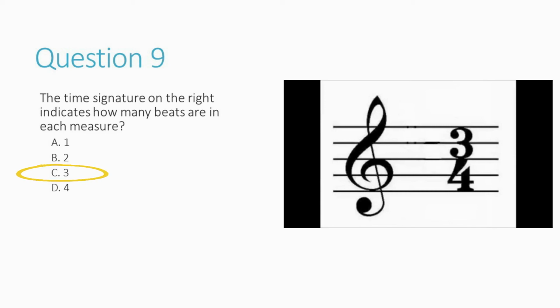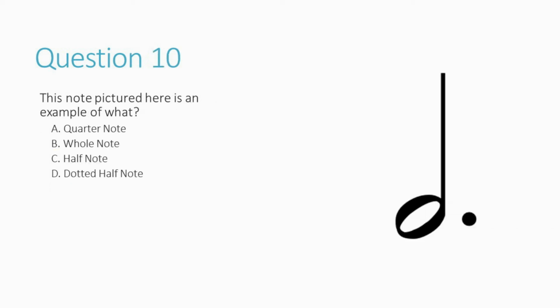In lesson 8, we talked about the 3/4 time signature. So that means the top number, the 3, tells us how many beats are in each measure, and in this case there are 3 beats in each measure. The bottom number, the 4, tells us what kind of note gets 1 beat, and in this case, that indicates the quarter note gets 1 beat.